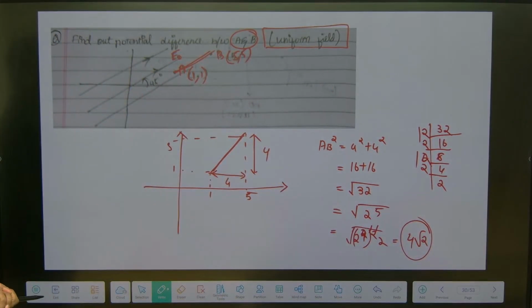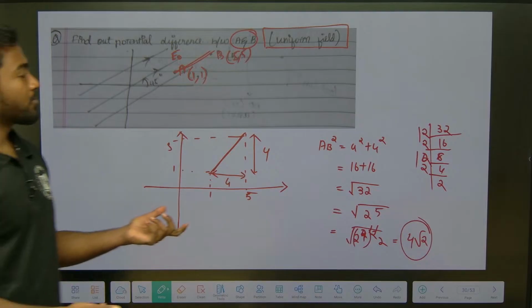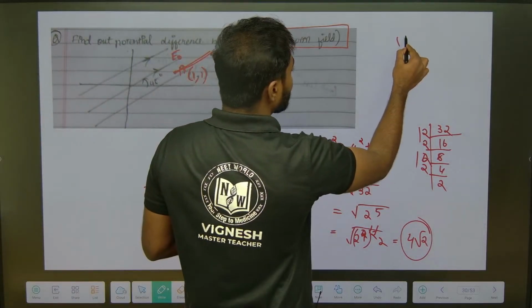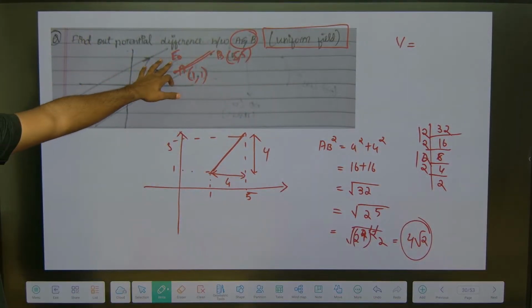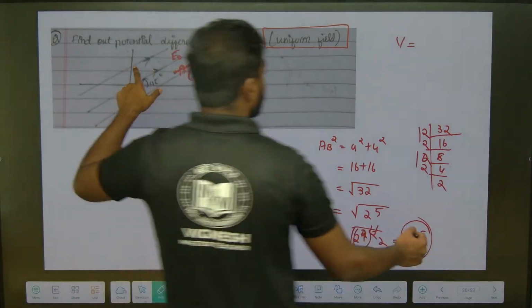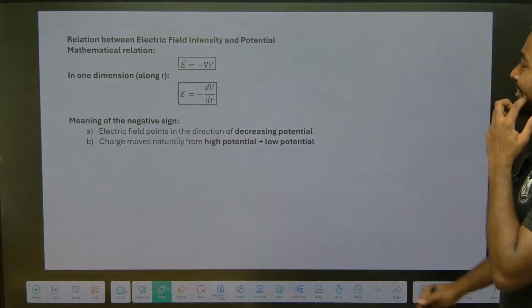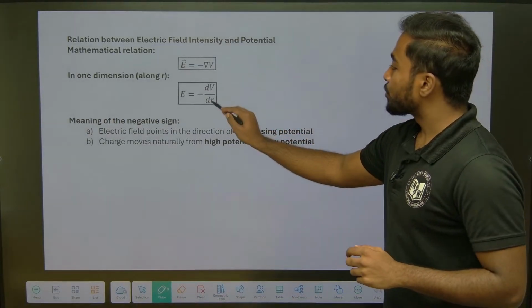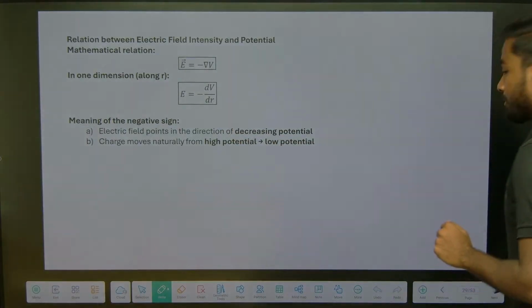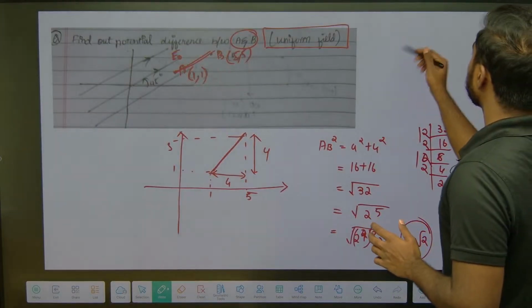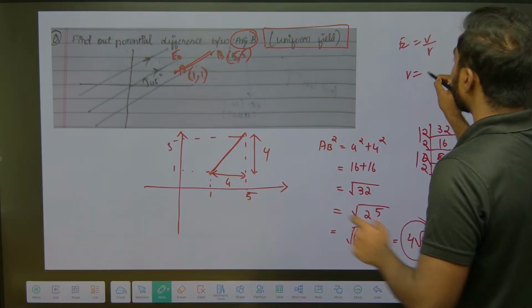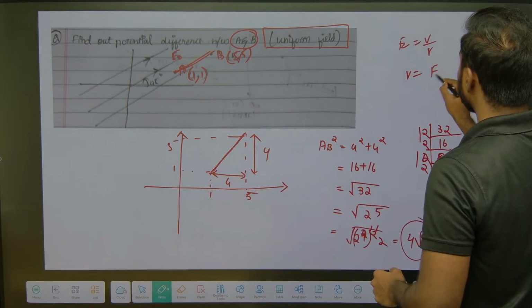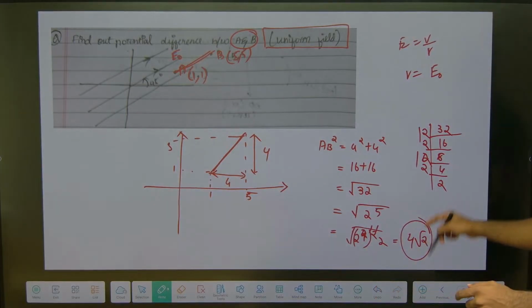Now the potential they are asking, in terms of the electric field, which is given as E naught. The formula is E equals dV by R, so E equals V by R. So V equals the electric field E naught times R, which is 4 root 2.